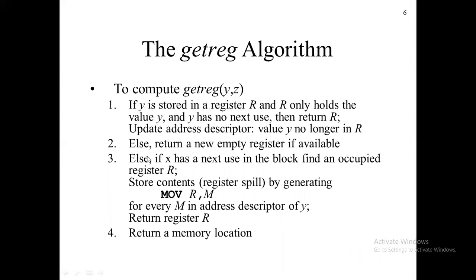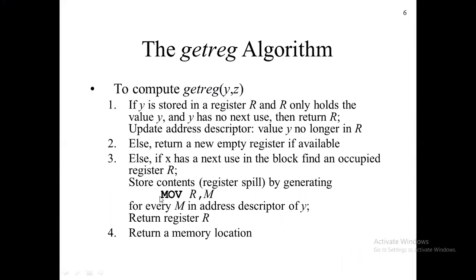Or else, return a new empty register if available. Suppose Y is not in a register R, and you have more empty registers, then you have to allocate one. Else, if X has a next use in the block, find the occupied register R. That is, X is a live variable here, so you have to move that variable into more than one location.